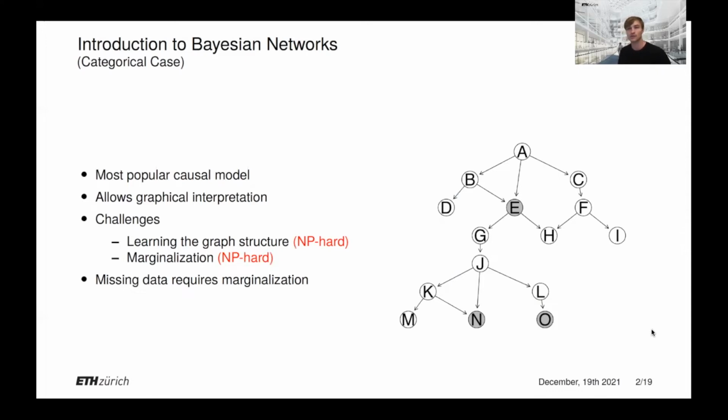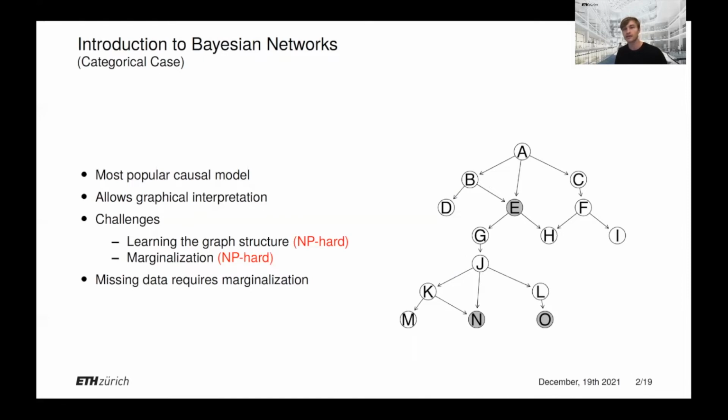So a Bayesian network is usually associated with a directed acyclic graph, as shown here on the right. And in this directed acyclic graph, we have nodes that represent the random variables and the edges that model the probabilistic relationships in the data.